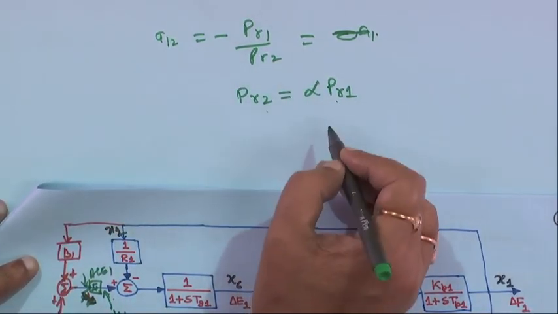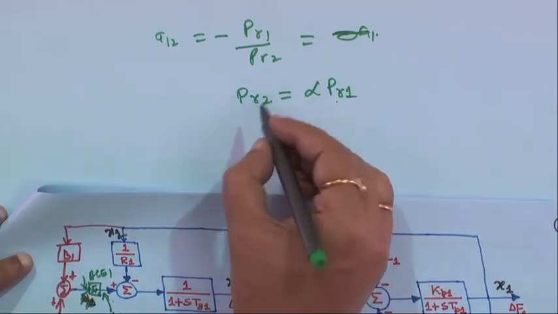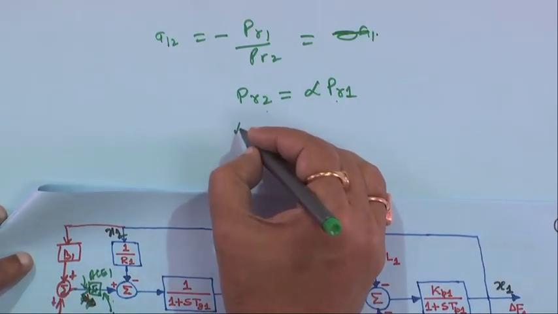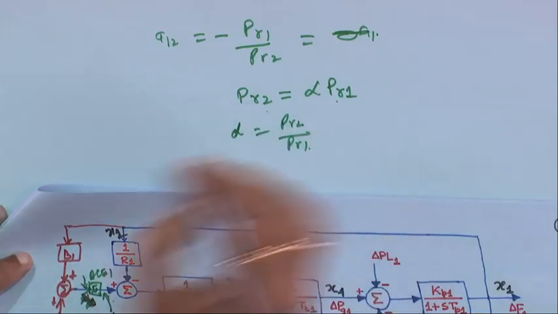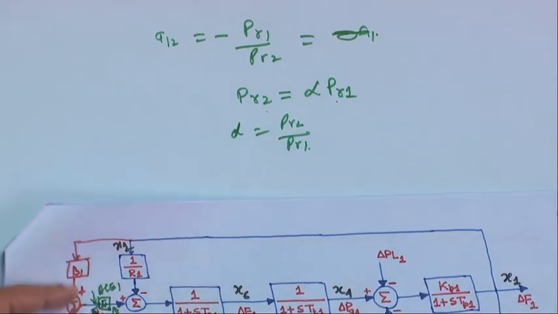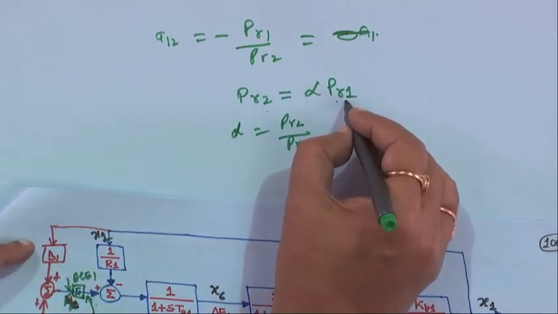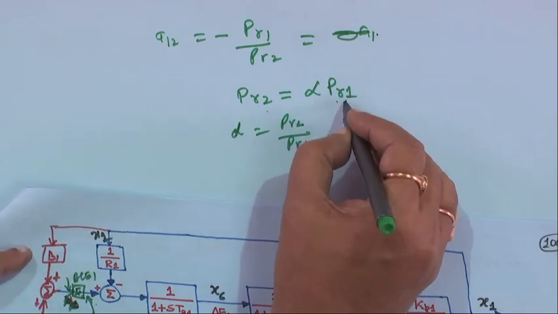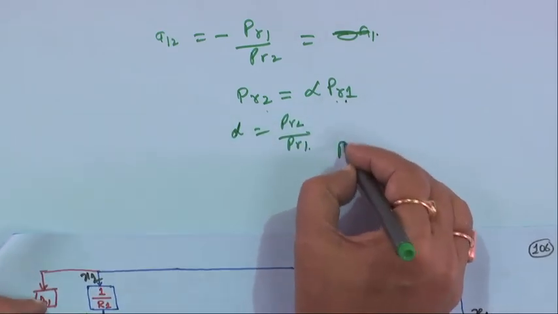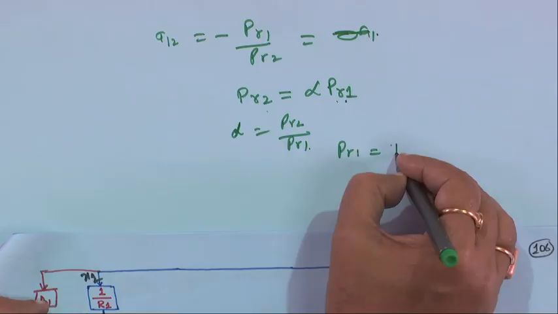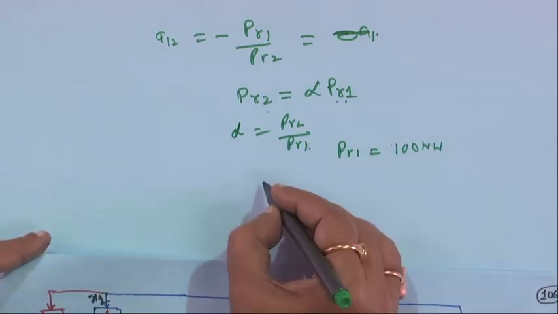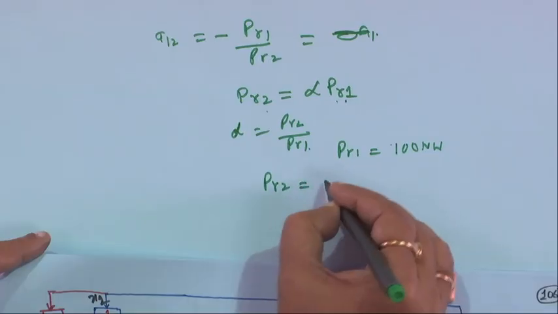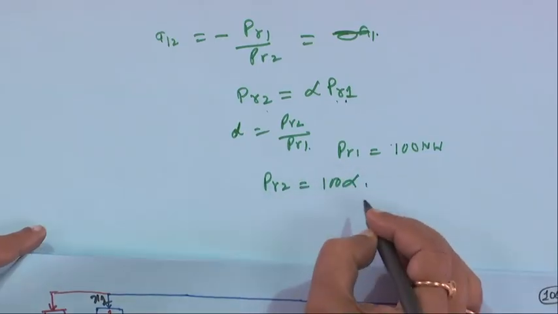Then alpha will be PR2 by PR1, right? So for example, if PR1 is equal to 100 megawatt, then PR2 will be 100 into alpha.